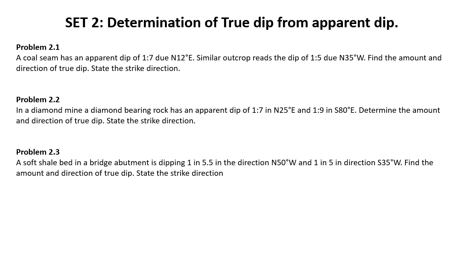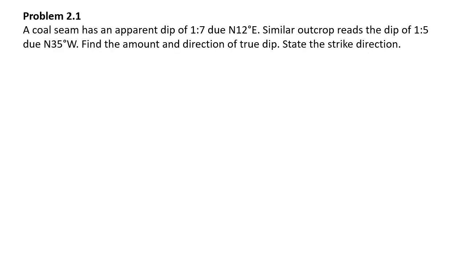Here we will solve problem 2.1. There is a coal seam which has an apparent dip of 1:7 due north 12 degree east. Then there is a similar outcrop which reads a dip of 1:5 due north 35 degree west. And what is asked? To find the amount and direction of true dip.